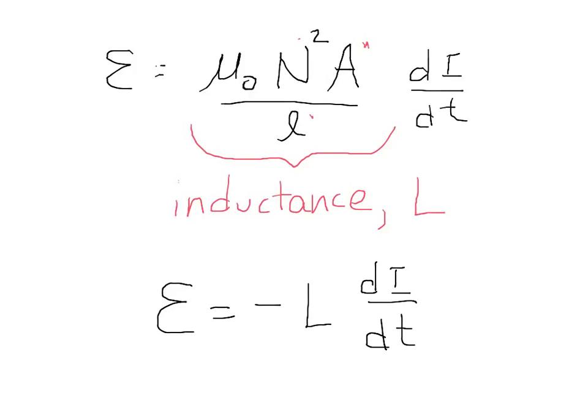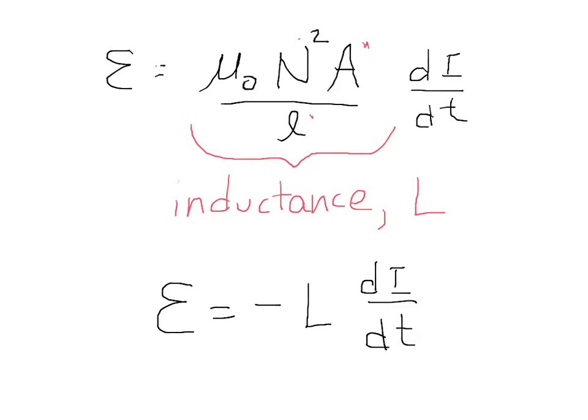And interestingly enough, when you try to shut the power off to that solenoid, it does exactly the same thing but in reverse. It says, okay, so you're trying to stop the current flowing through me. I'm going to induce an EMF in the same direction that that current is to try to keep it going. So solenoids not only try to oppose starting current going through them, they oppose the stopping of current going through them.